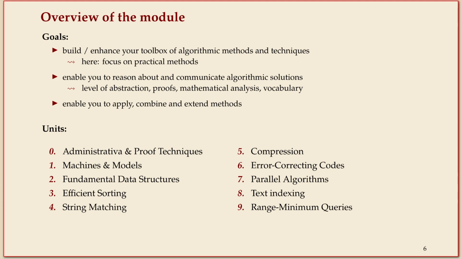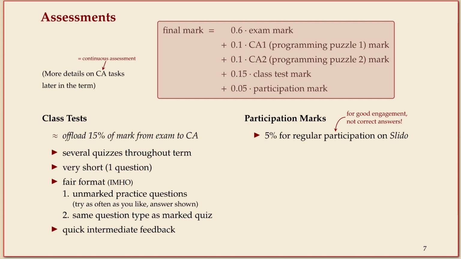Right. Okay, I think we covered much of what I prepared on the slides, but not all of it. So, it's about marking time. I said we have 60% from the exam, and the rest is continuous assessment. That's split up into two programming puzzles, each 10%.